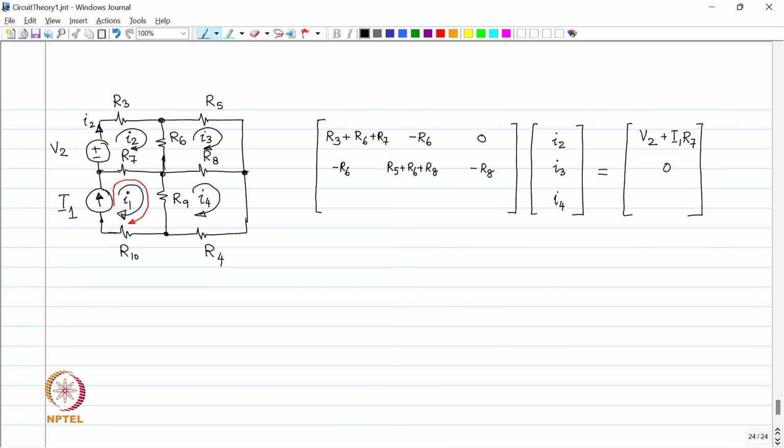Next, we go to I4. So, let us start with R8. The drop across R8 is I4 minus I3 times R8. Then the drop across R4 is I4 R4.